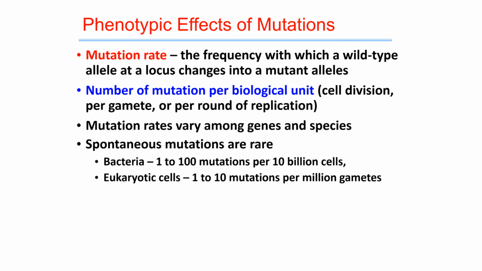Usually genes found in DNA which is associated with nucleosomes are less exposed to mutagens and usually have a lower frequency of mutations. It is estimated that in humans, about 1 times 10 to the minus 8 mutations per base pair per generation occur.